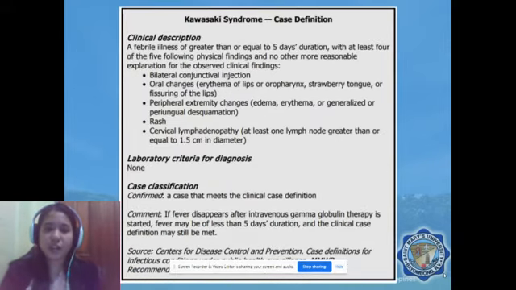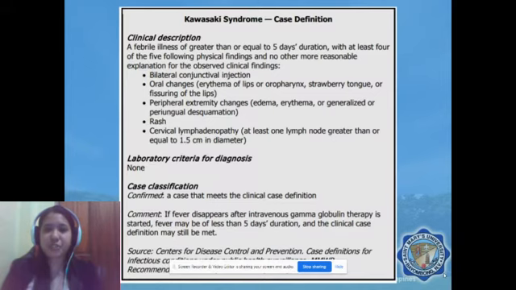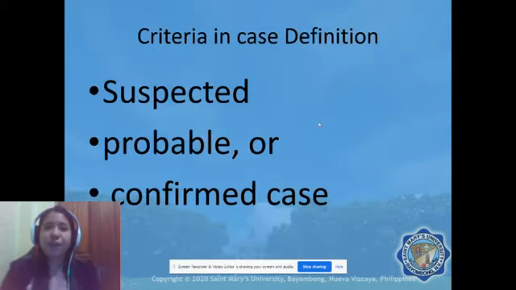So this is another example. For the criteria in case definition, as you observe here, we have the case definition part. In this example, it is confirmed, which means a case that meets the clinical case description. Also, for this example, it is confirmed, a clinically compatible case that is laboratory confirmed. So we actually have criteria in case definition. It can be a suspected, probable, or confirmed case.